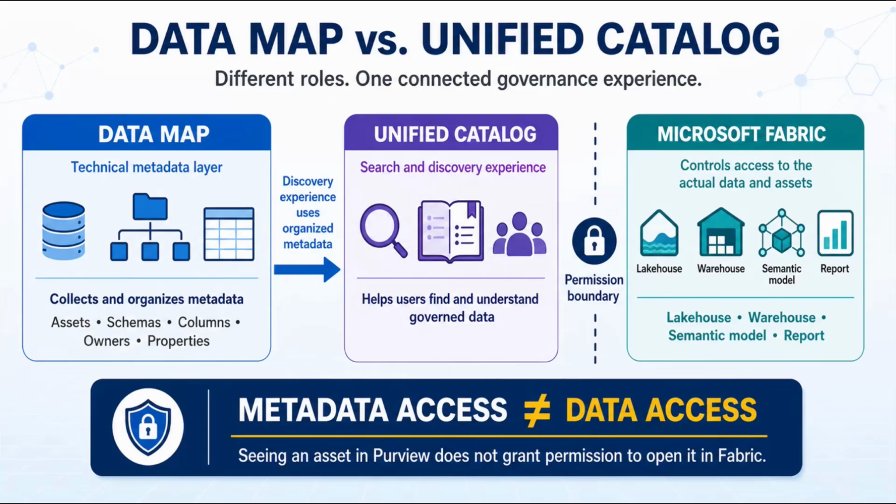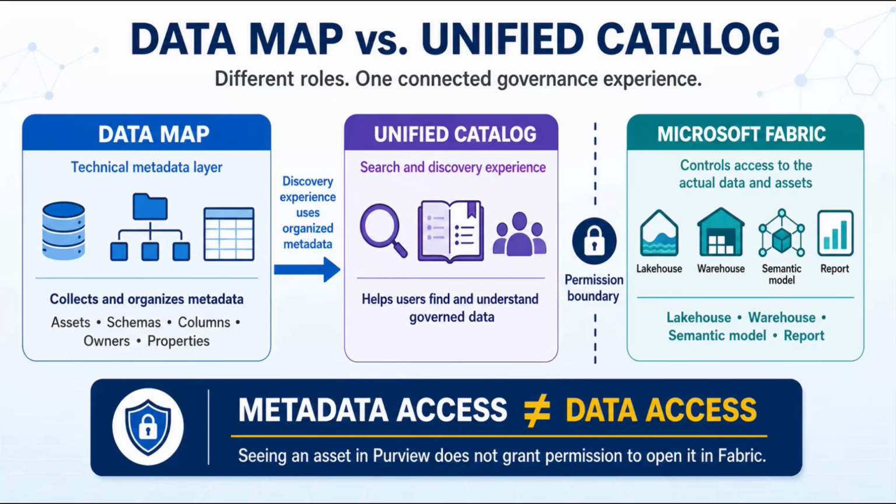However, there is that permission boundary between the unified catalog and Microsoft Fabric. They have to be granted access permissions to that data in Microsoft Fabric, either directly in Microsoft Fabric or, better yet, through policies via the Unified Catalog that allow approvers that have permissions to approve requests to access that data.